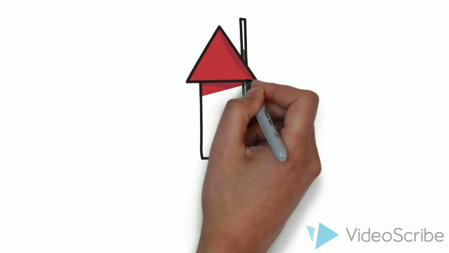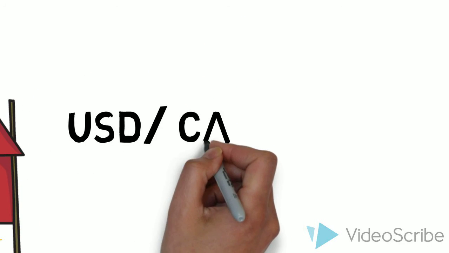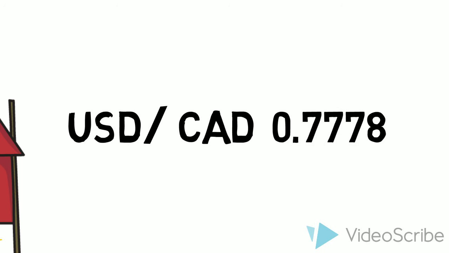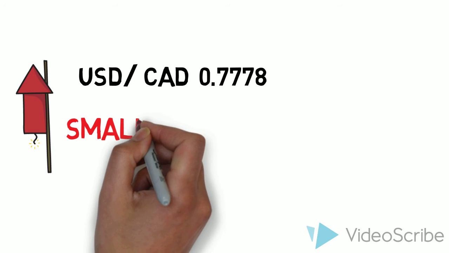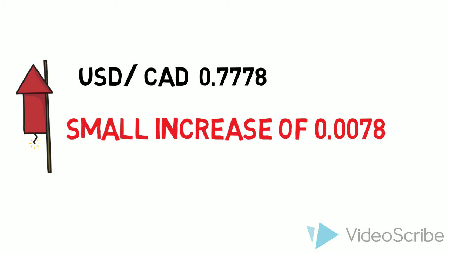So, at what exchange rate will Professor Jassim be margin called? If we use the formula indicated before, we'll get a rate of 0.7778. In other words, a small increase of 0.0078 is big enough to trigger a margin call.